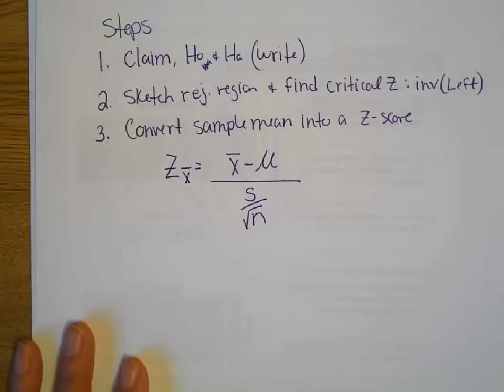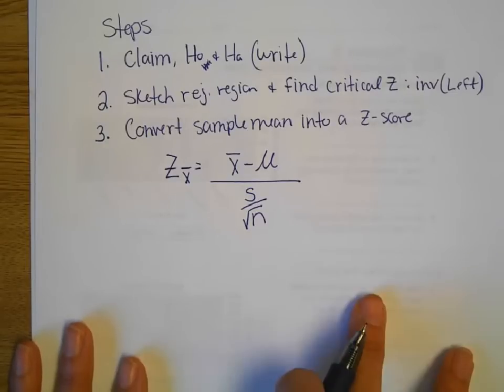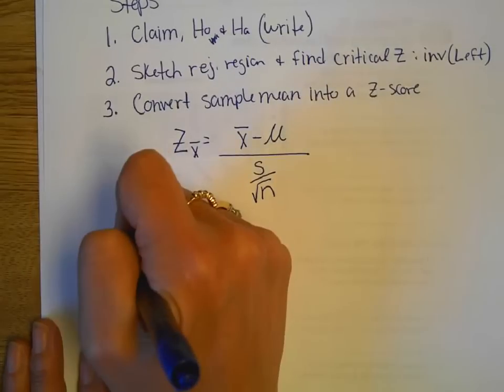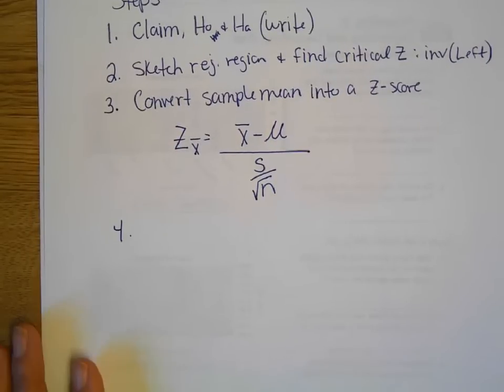Would it be easier to write it as a multiply by the square root of n over s? Well, that's the way they do it. Do whatever you want. You can convert that.